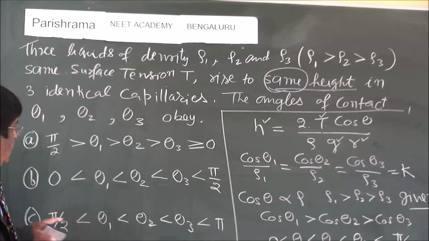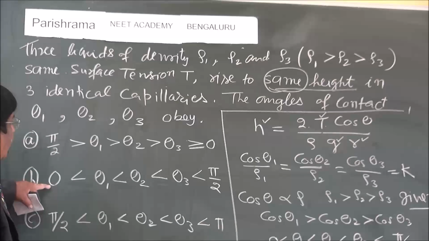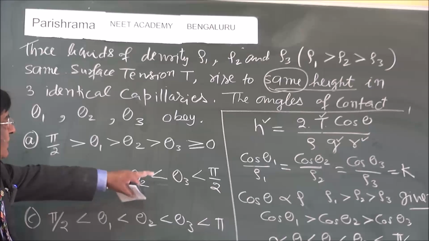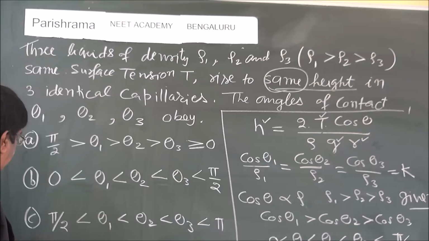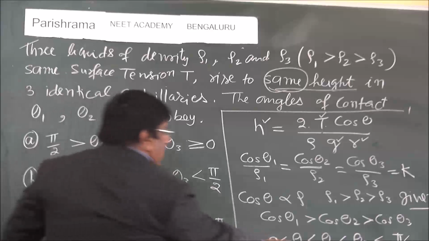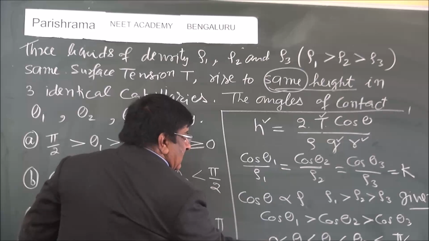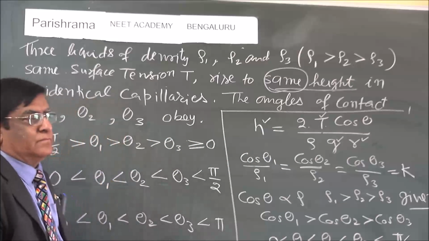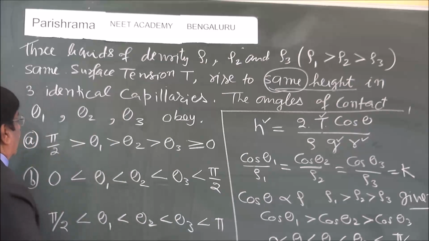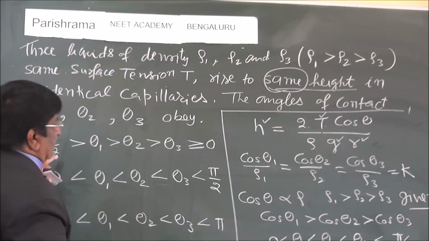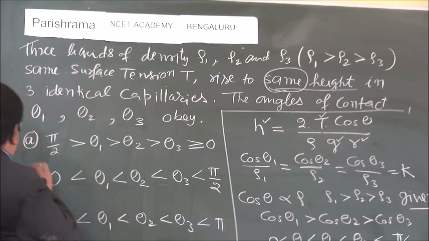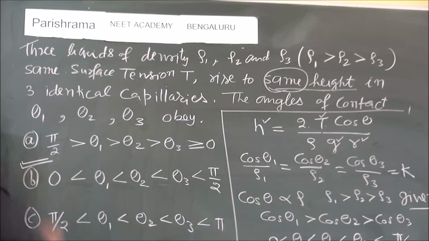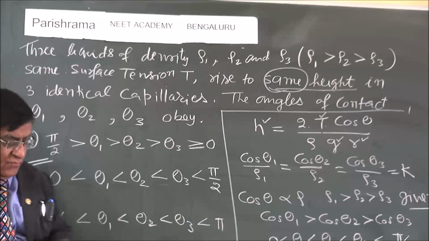B. Yes, 0, theta 1, theta 2, theta 3. Right? Pi by 2, okay? So we can assume this can be, this is the nearest one. So what is that? B. So B is our right answer. Yes. So this is how we decide about it.